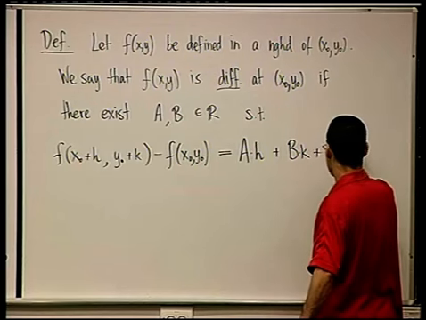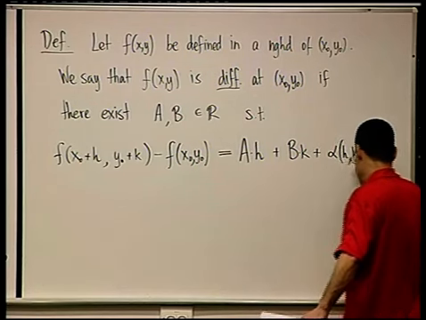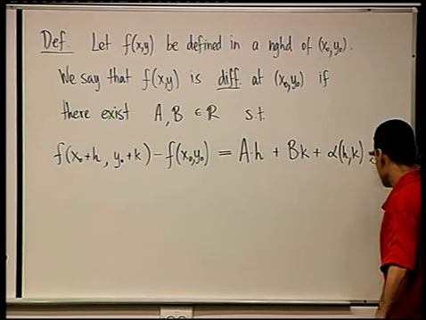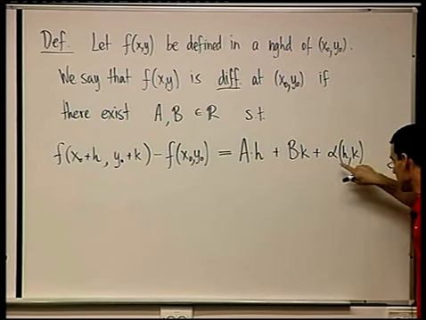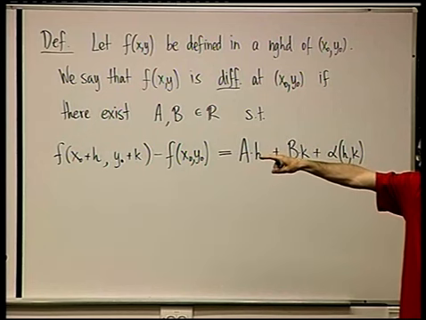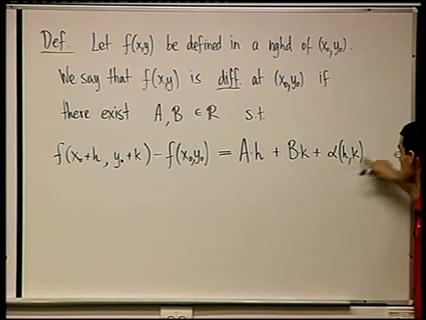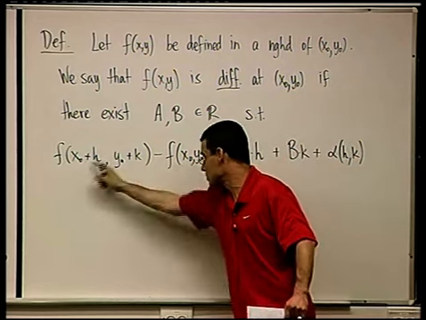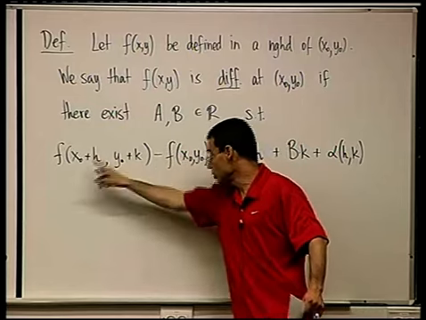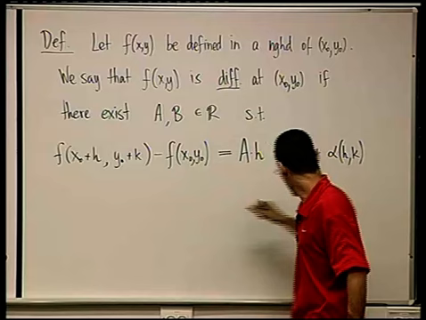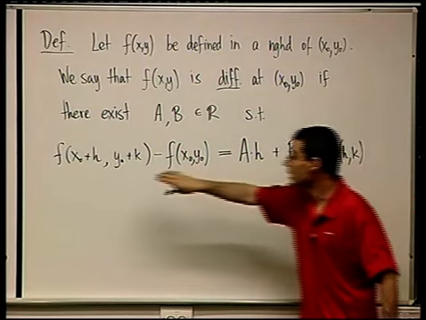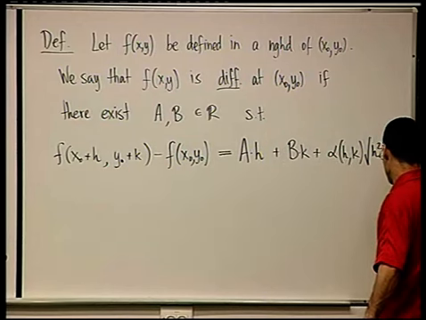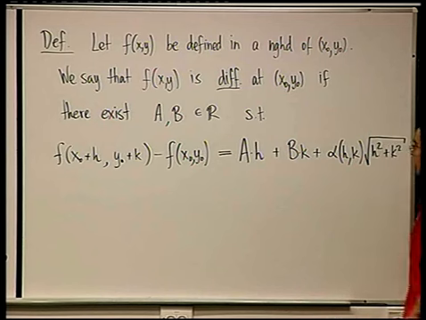Plus a function of the two variables, alpha of h and k, times, now in the star property, in the single variable version, it was this function times h, where h was the distance between the x components, there were only x components, near the point and at the point, right? Now I want here the same thing. I want the distance between this point, and that distance is precisely the root of h squared plus k squared. Okay?